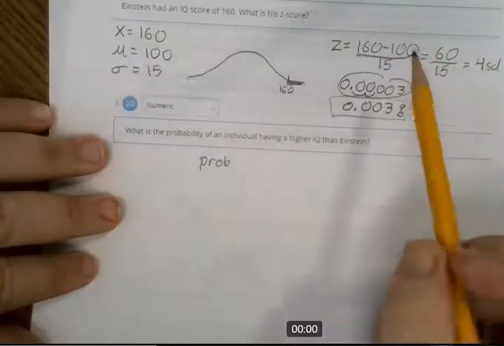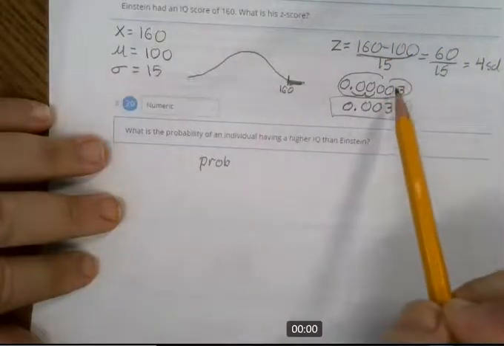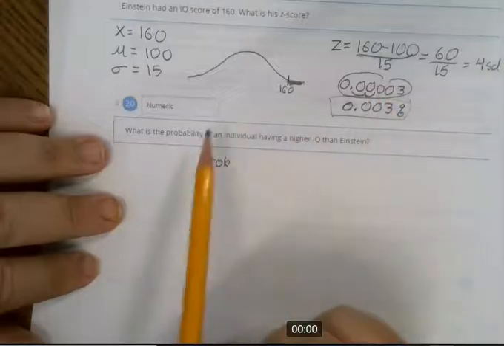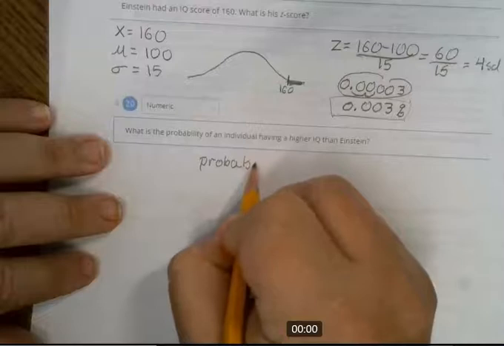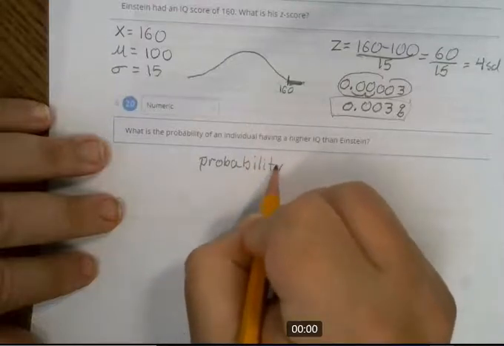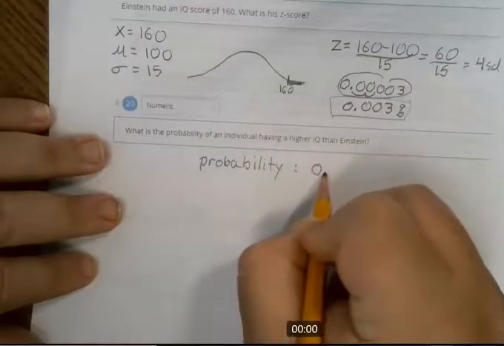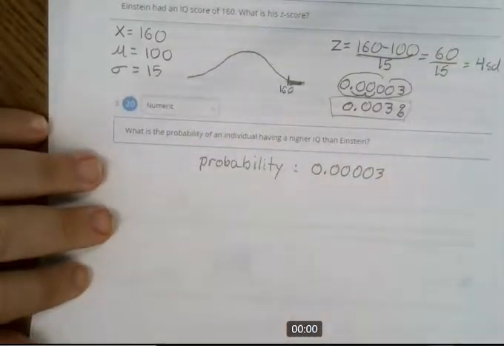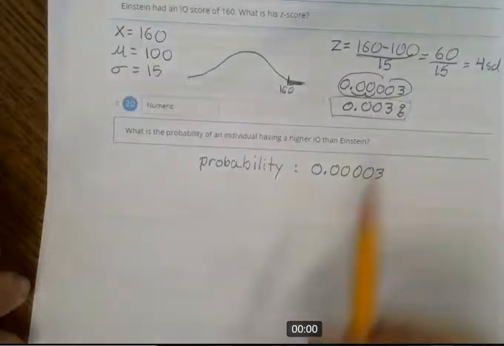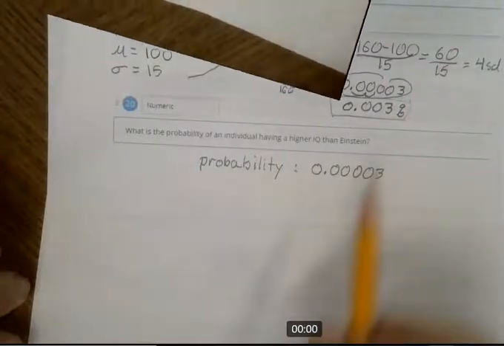You have to use the calculator to get from z-score to probability, and then probability to percent, you just have to know how to convert, move the decimal over 2 places. So it's that number that I had up there initially that I got off the calculator. That's the probability right there, okay? All right, let's keep going.